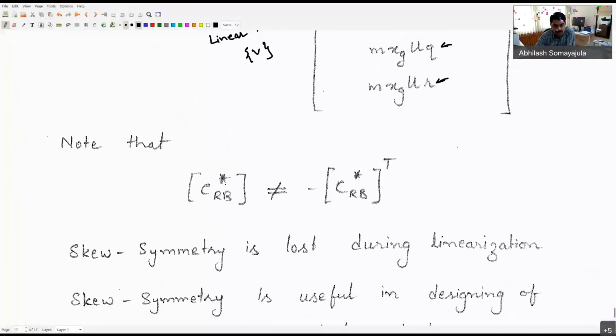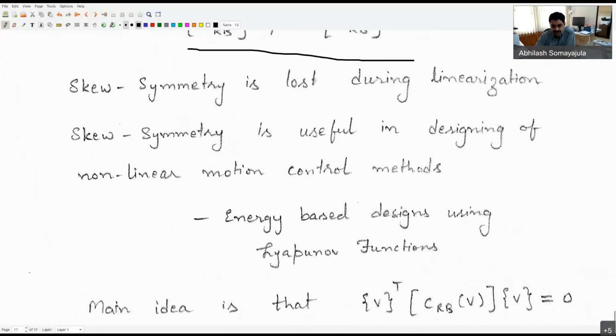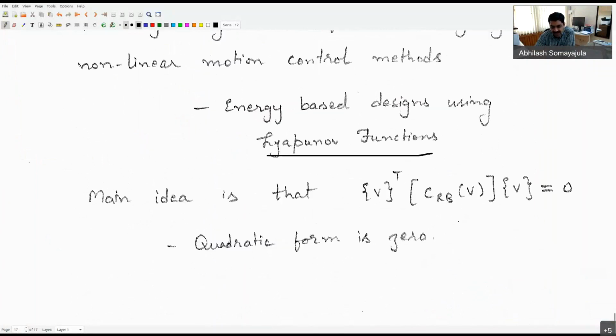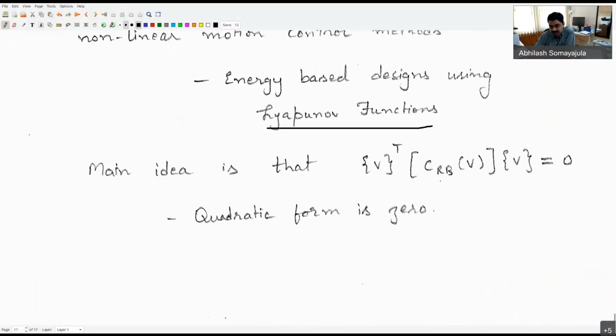Okay, so that skew-symmetric property is lost during linearization, and it's particularly useful when we want to look at energy-based methods and Lyapunov functions. The main idea is that if I take V transpose CRV times V, it is equal to 0 when this matrix is a skew-symmetric matrix.